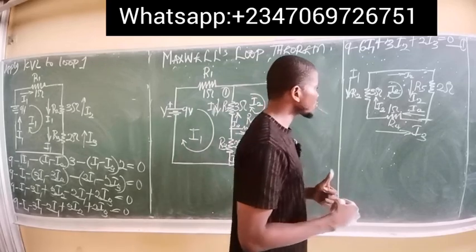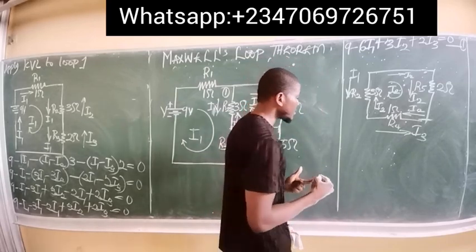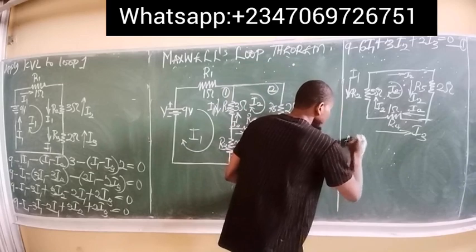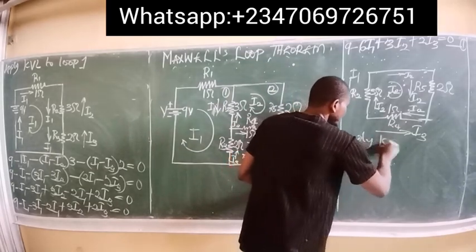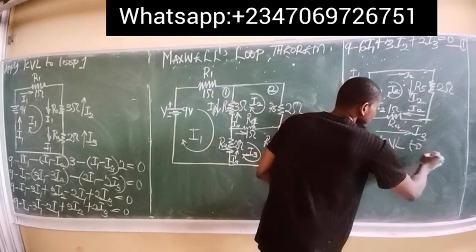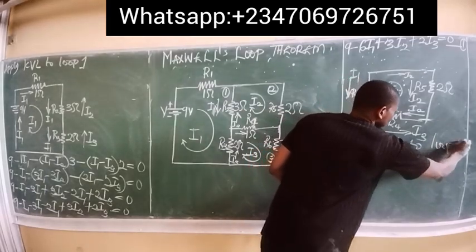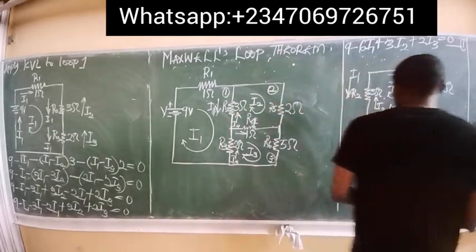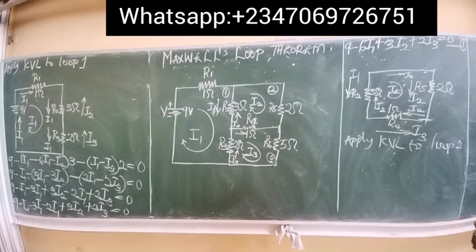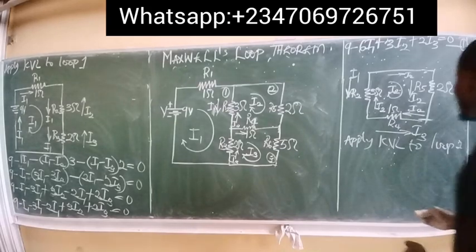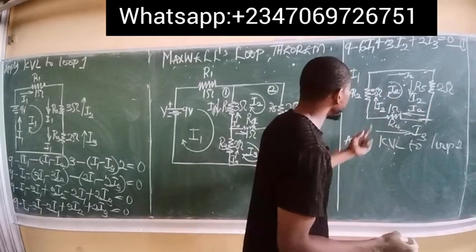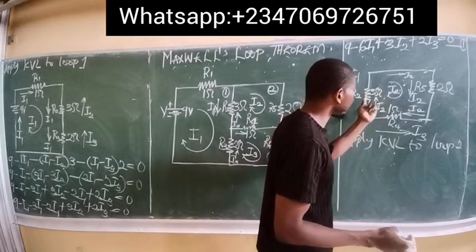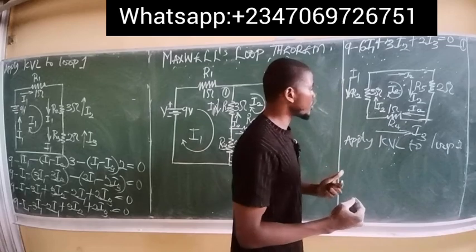So let's also apply KVL now, applying KVL to loop 2. Same thing now. Since I have current I2 flowing through this 3 ohm resistor, there is always going to be a potential drop.